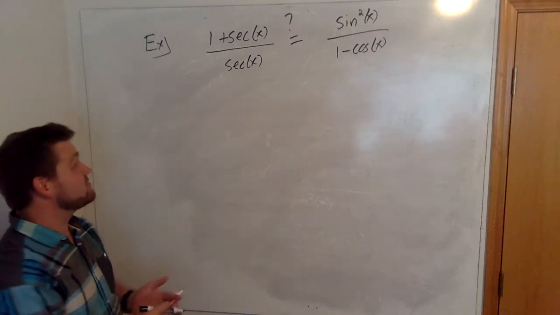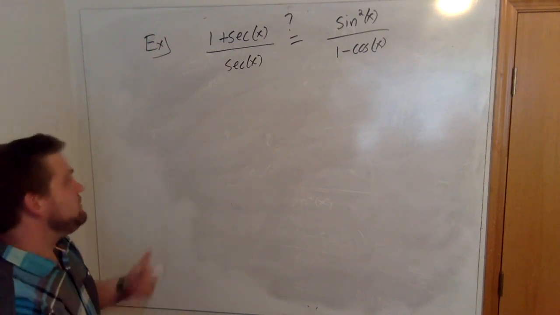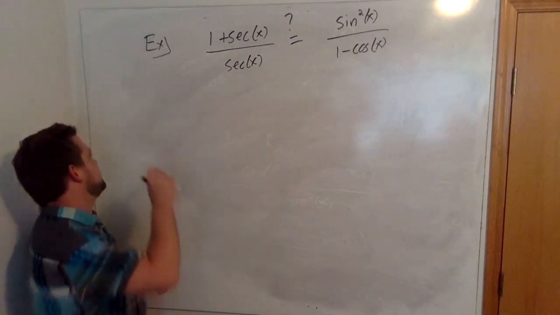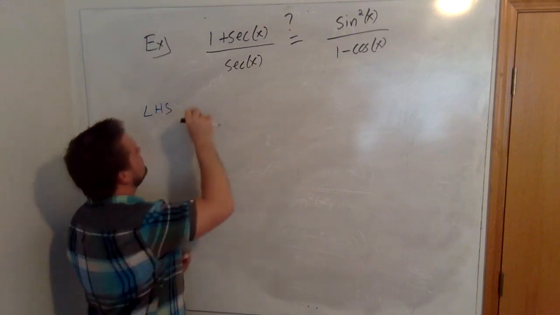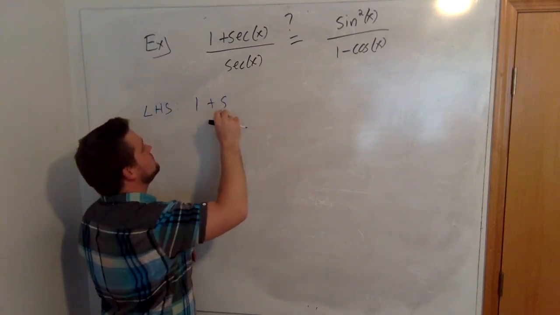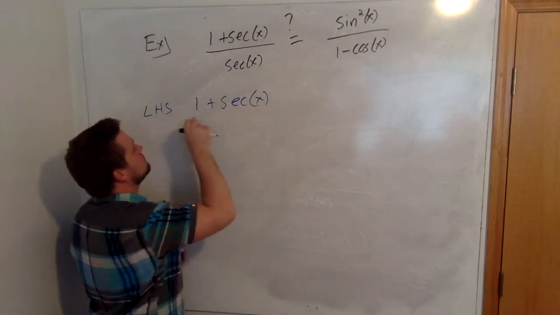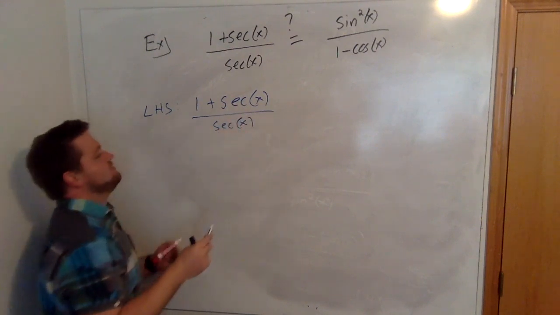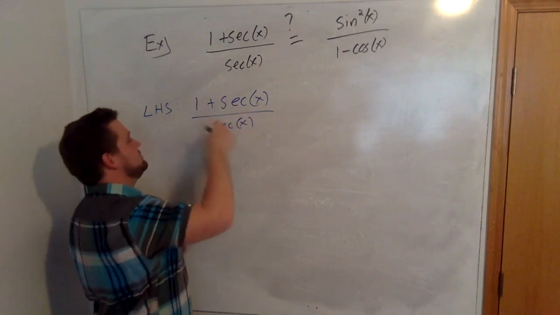Okay, let's just mess around. What can we do? Well, maybe you decide to start with the left-hand side. You might have started with the right-hand side, but let's say we mess around with the left-hand side first. At least what I can think to try is to distribute this secant to each piece.